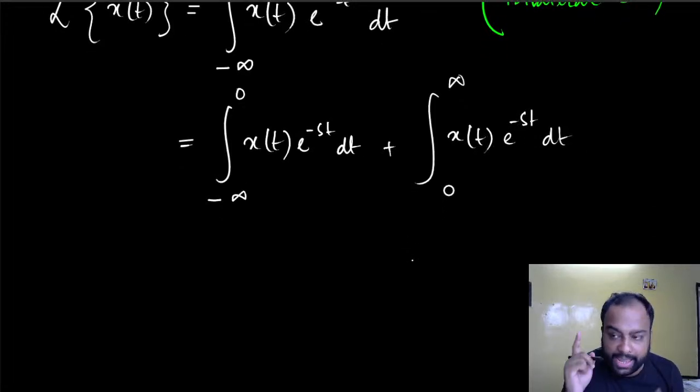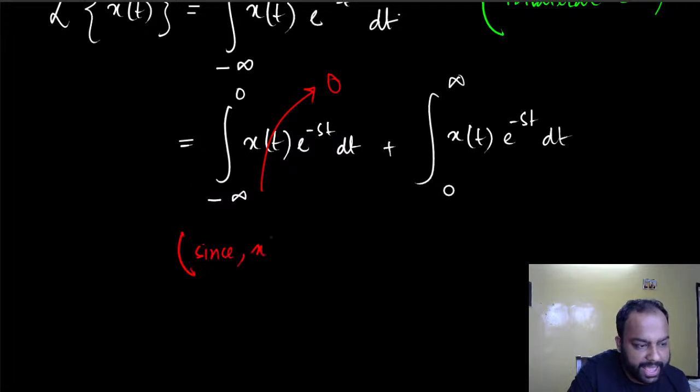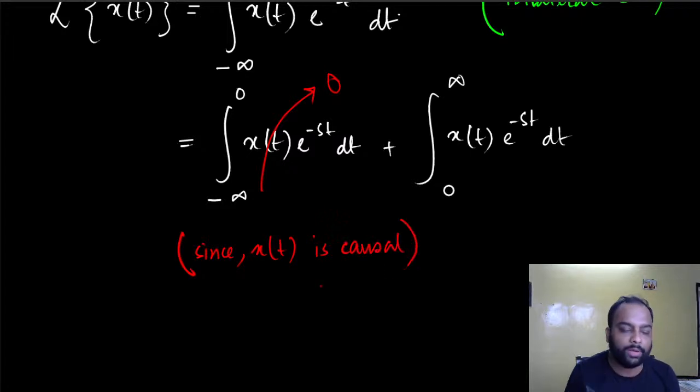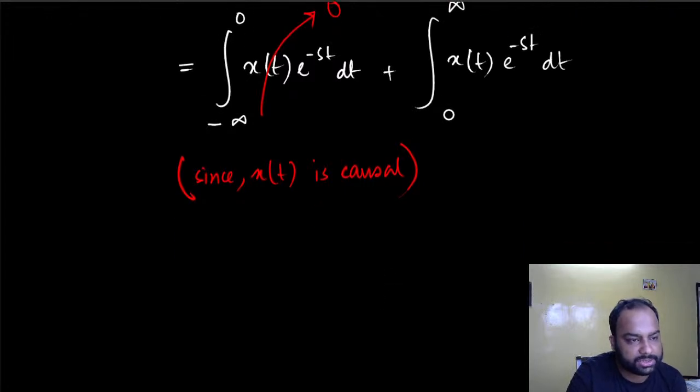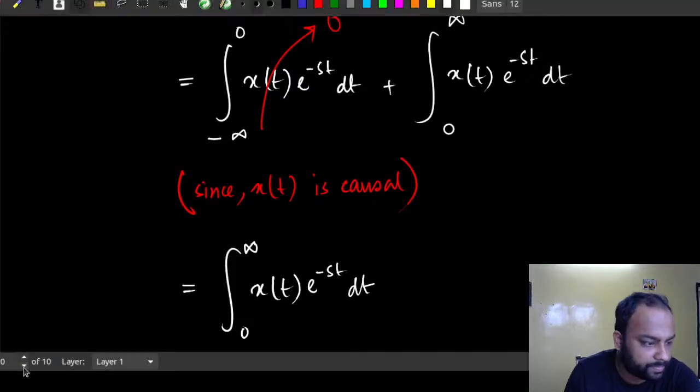Now, if my signals are causal, then the first part is going to be 0, since x(t) is causal. For a causal signal, the value of the signal is 0 when t is negative. So essentially, this turns out to be the integral from 0 to infinity of x(t) e to the power minus st dt.